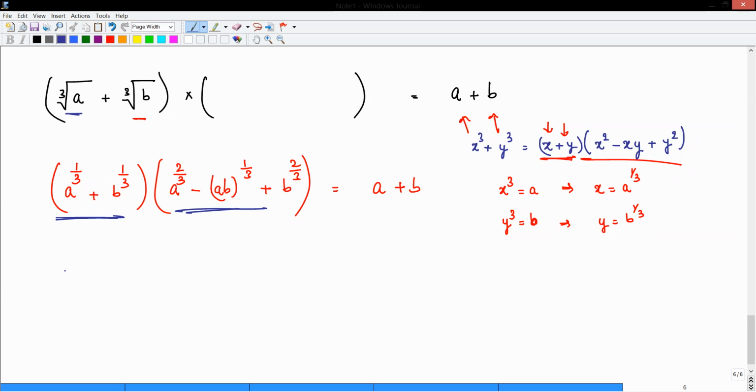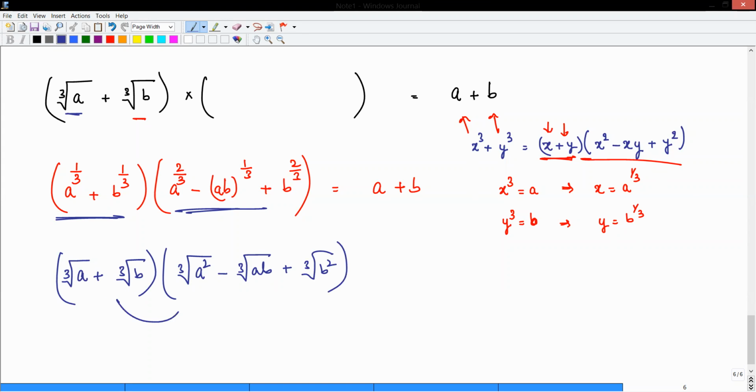You can also write it as cube root of a plus cube root of b, cube root of a square, cube root of ab, cube root of b square. Respectively, they are rationalizing factors of themselves.